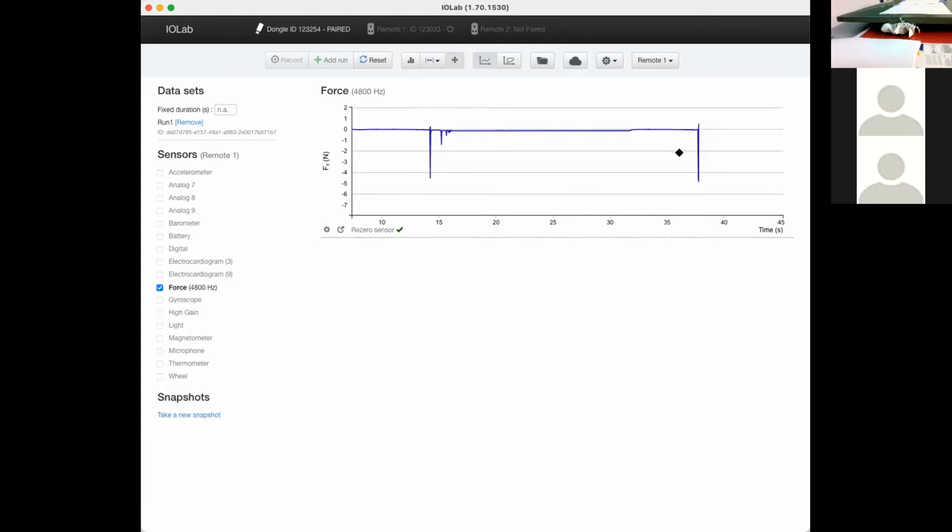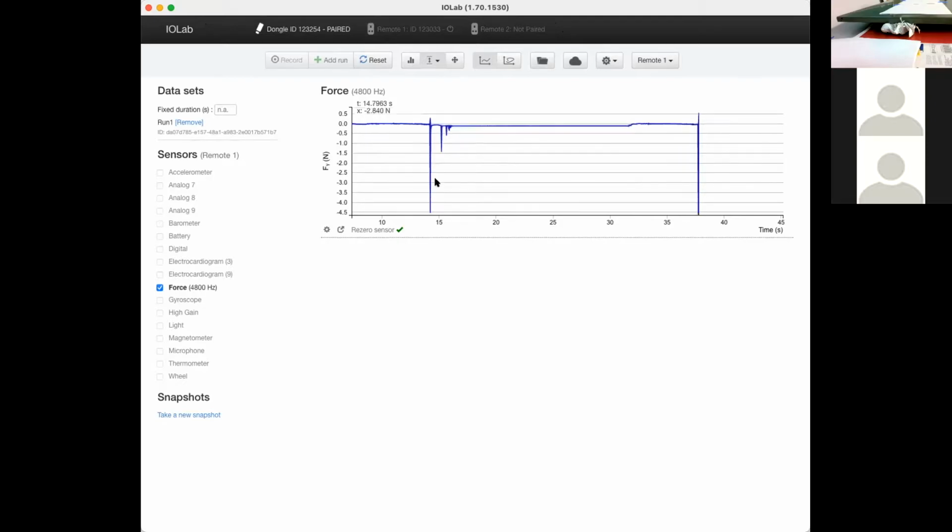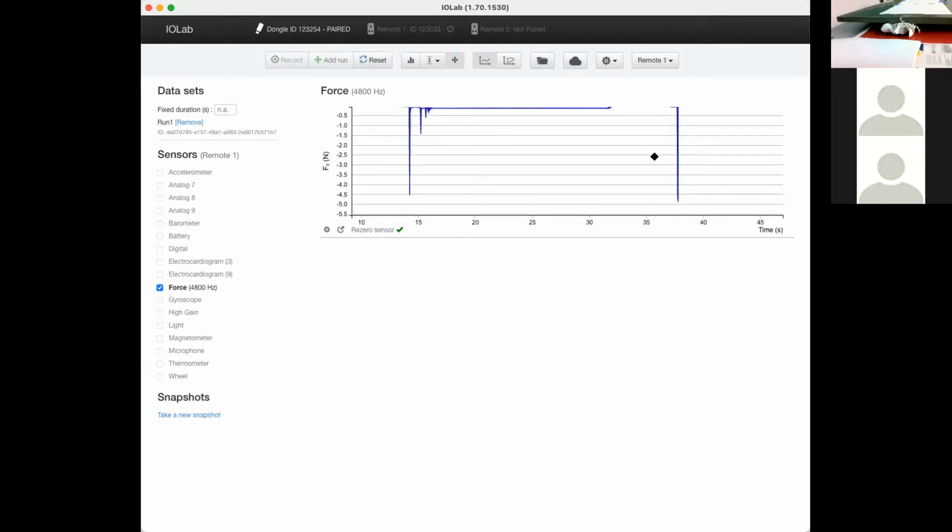Oh well, I did. Okay, I think maybe I messed up the sensor. Let's look here and see. All right, so I got up to 4.5 newtons on this one, and then on this one, oh, it was a little bit higher.